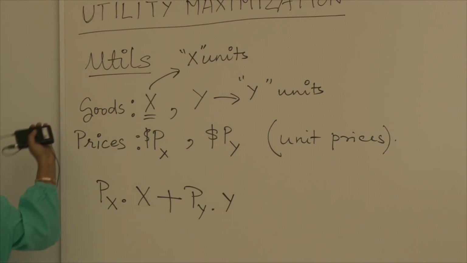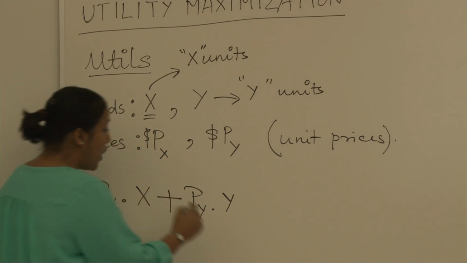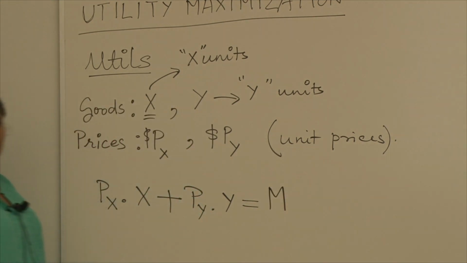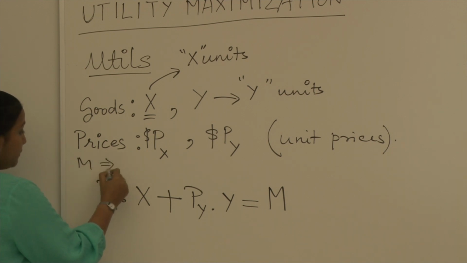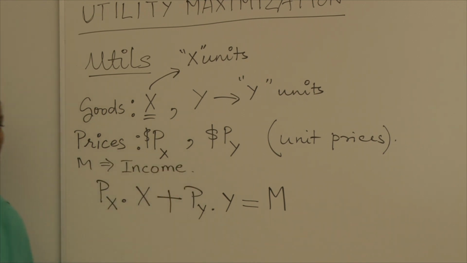These are the only two goods available in the world, and whatever you earn, you spend on just these two goods. Then can I say that Px times x plus Py times y will be equal to your total monetary income M, where M is your monetary income? Can I say that? Assuming that you do not save anything.